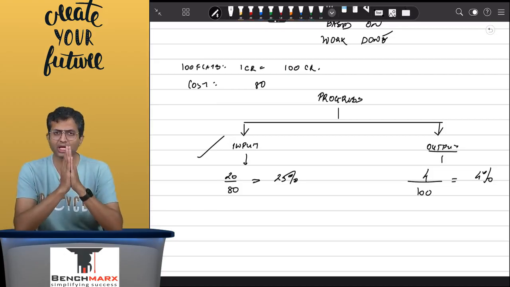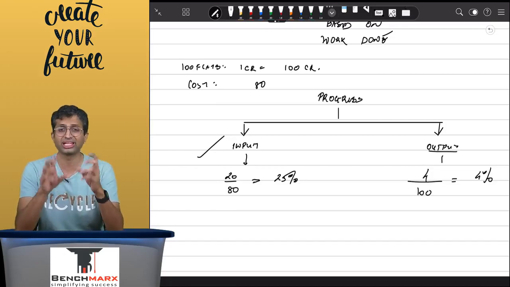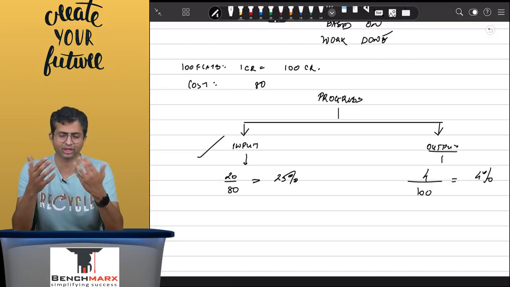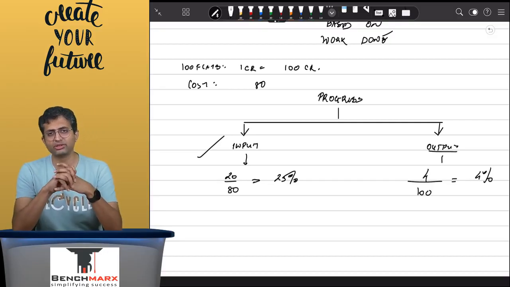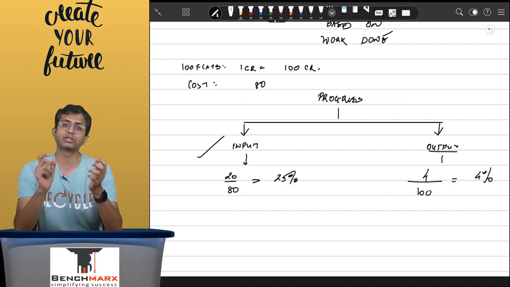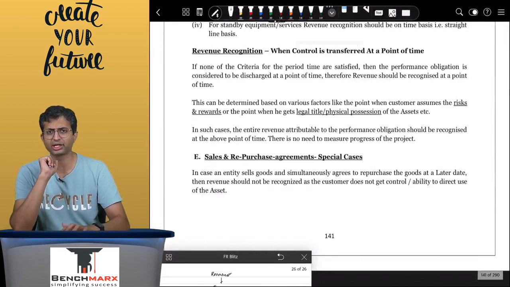However, you will have to figure out first if the progress is to be measured, ideally using the input method or using the output method. If the cost is incurred almost evenly, the benefits are accruing almost evenly, in which case you can even use the straight line method, but otherwise you will have to take the input or the output method, typically the input method. Now, in certain cases, you might also need to do adjustments to the input method if required.